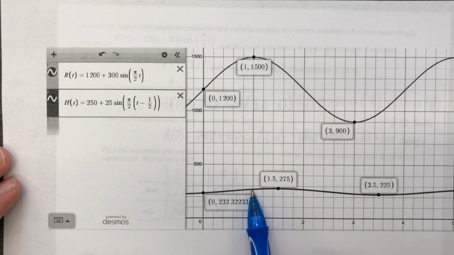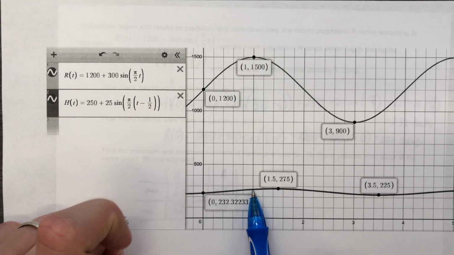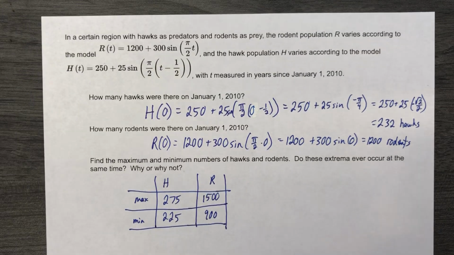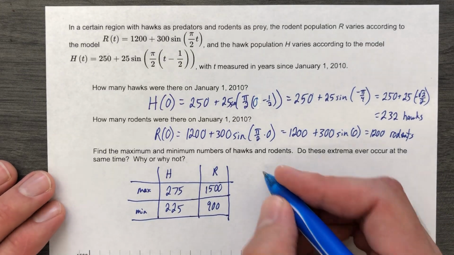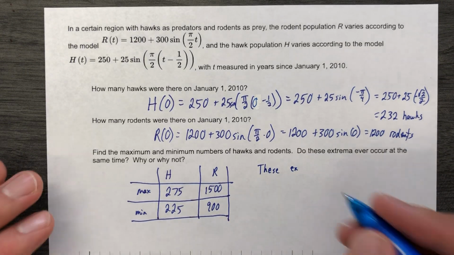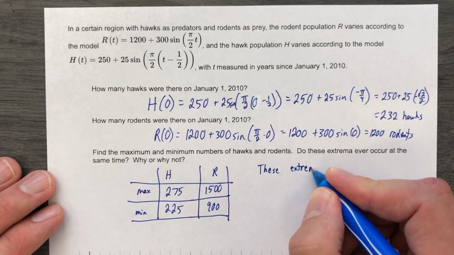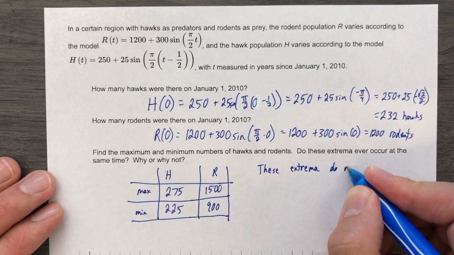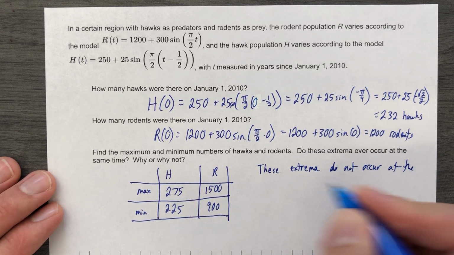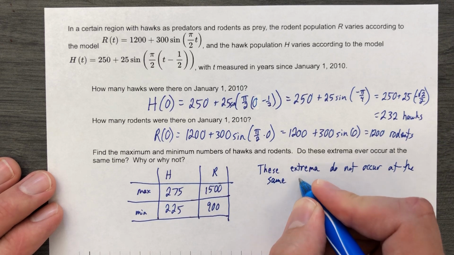So there should be a maximum here, but that minus 1/2 shifted this over. Okay, so do these extrema ever occur at the same time? No, these extrema, these extreme values, do not occur at the same time.